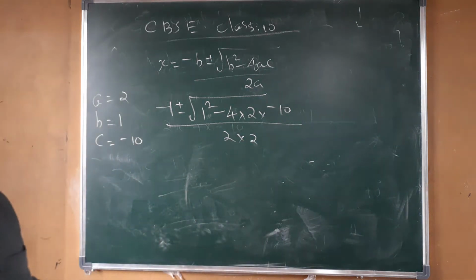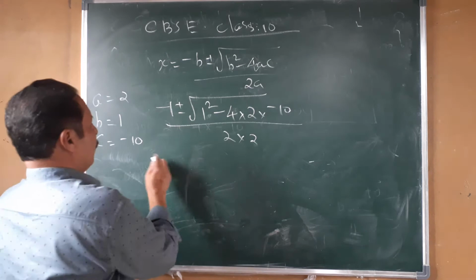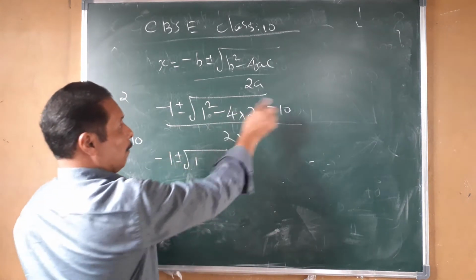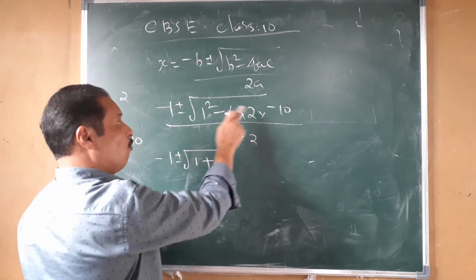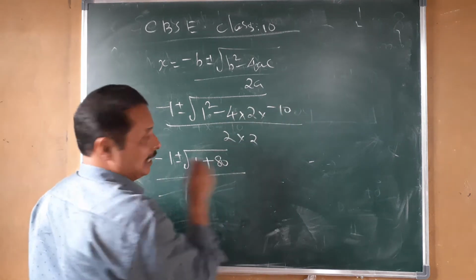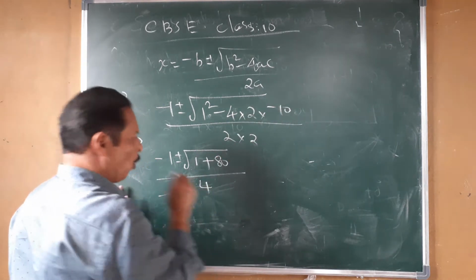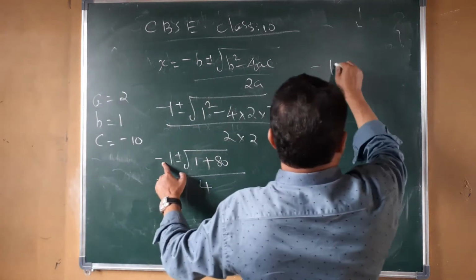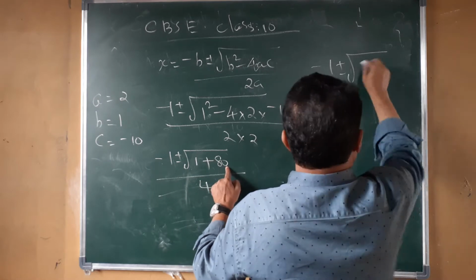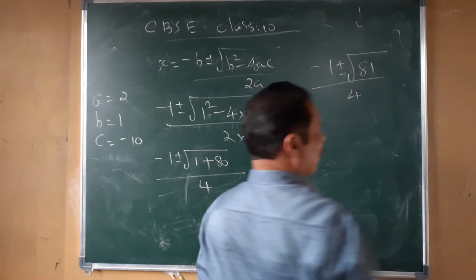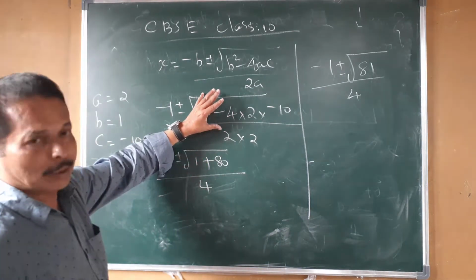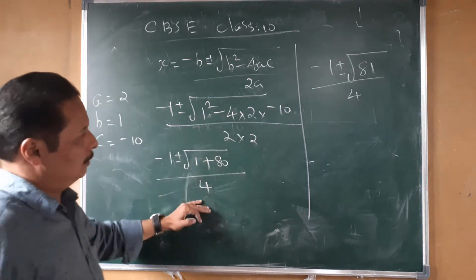Minus 1 plus or minus root of 1 plus 4 into 2 into 10, which is 80, divided by 2 into 4. So minus 1 plus or minus root of 81, divided by 4. This is the quadratic formula application.